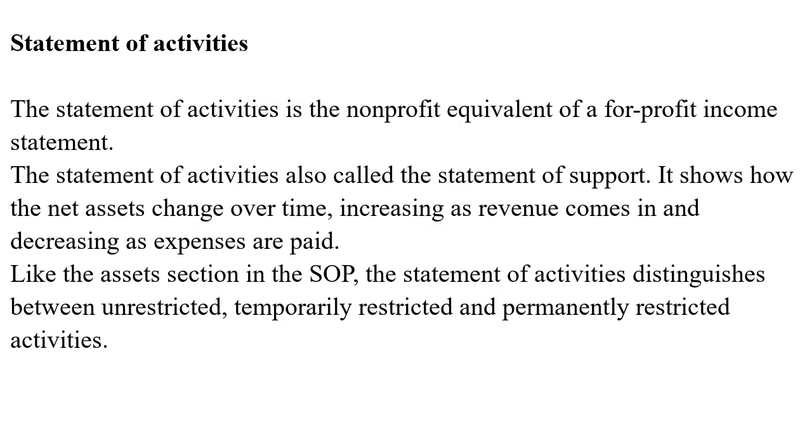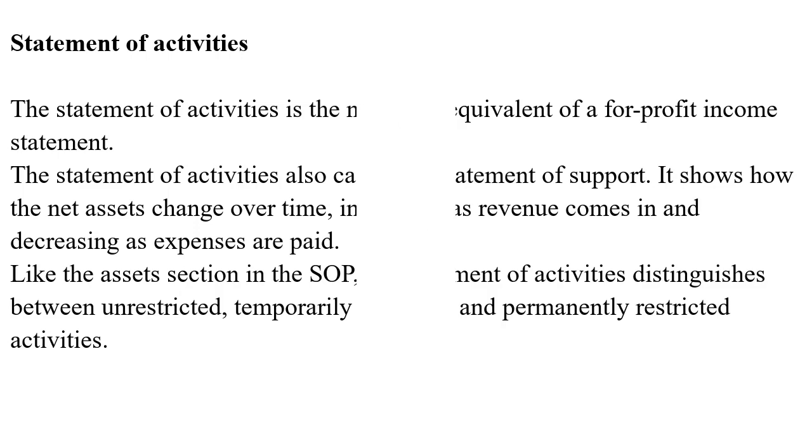It shows how the net assets change over time, increasing as revenue comes in and decreasing as expenses are paid. Like the assets section in the SOP, the statement of activities distinguishes between unrestricted, temporarily restricted, and permanently restricted activities.